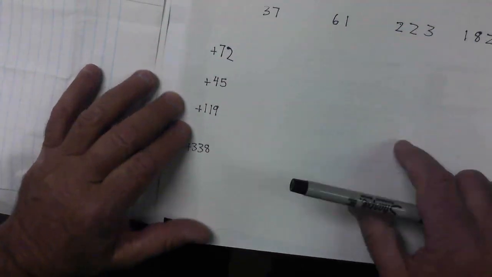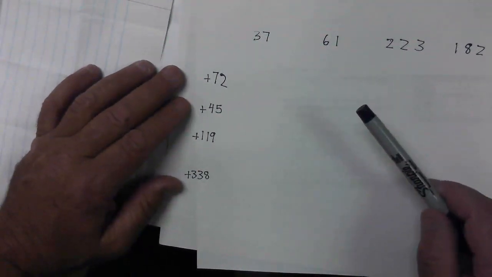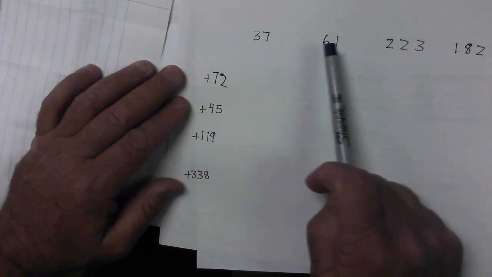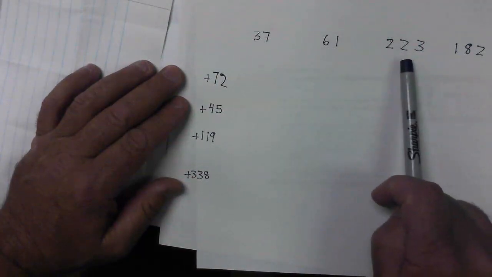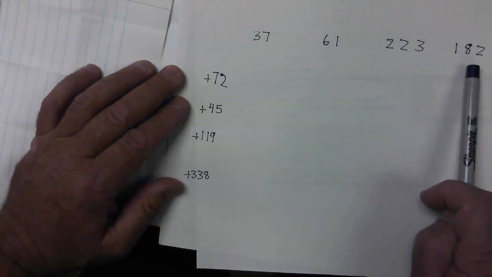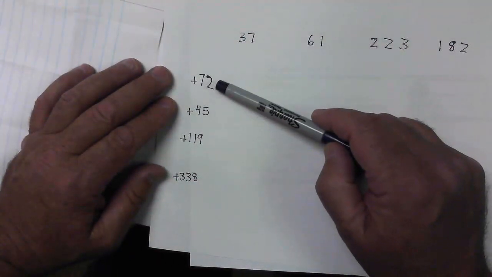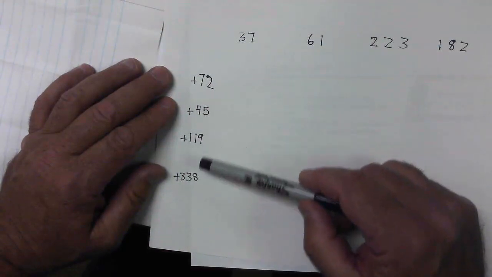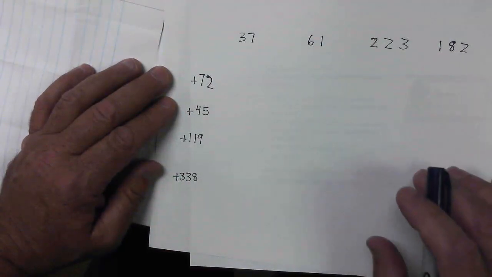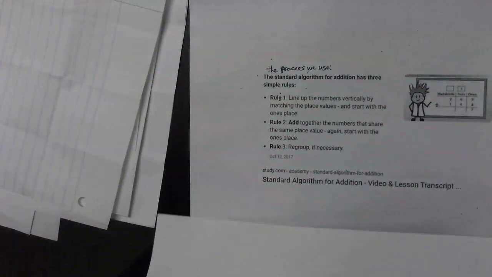You'll notice yesterday we had all 2-digit numbers. This time we have 2, 2-digit numbers, and the last 2 numbers are 3-digit numbers. And coming down here we're adding 2-digit numbers, but the last 3 we're going to be adding are 3-digit numbers. So this is going to help us to remember that we line up the numbers vertically.